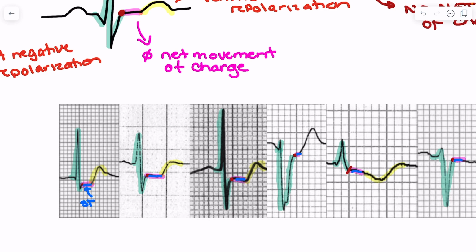Something to be mindful of is when we are looking at ST elevation or depression from baseline, we're going to compare the ST segment, or that period of rest that we see here, to the baseline following the T wave, and more preferentially, we're going to be looking at the PR interval of the following complex.